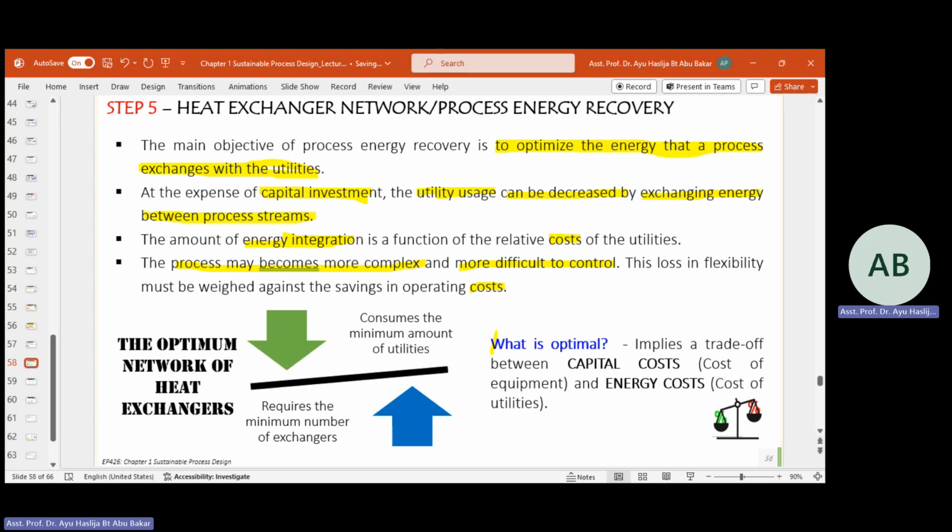Now we move to heat exchanger network and process energy recovery. The main objective is to optimize the energy that a process exchanges with the utilities.